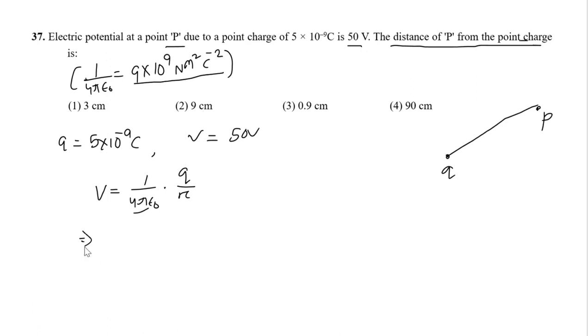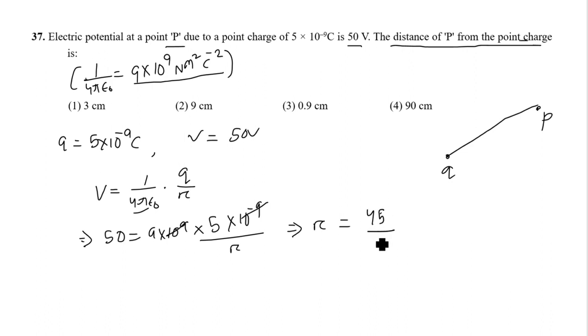Now put all the values. It's 50. In place of 1 by 4 pi epsilon naught, I put 9 into 10 to the power 9. In place of Q, it is given as 5 into 10 to the power minus 9 coulomb. So you have to find simply R. That implies R is, here 10 to the power 9 and 10 to the power minus 9 get cancelled, so it becomes 45 by 50.